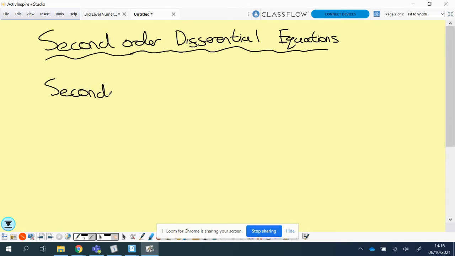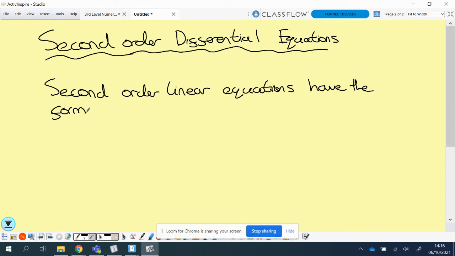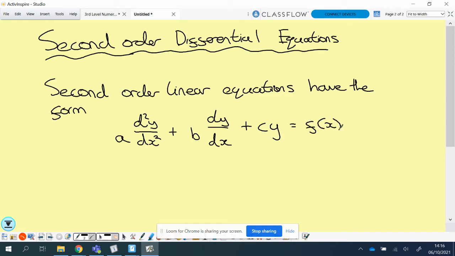So second order linear equations have the form a d squared y by dx squared plus b dy by dx plus a value c attached to a y equals some function of x on the right hand side.